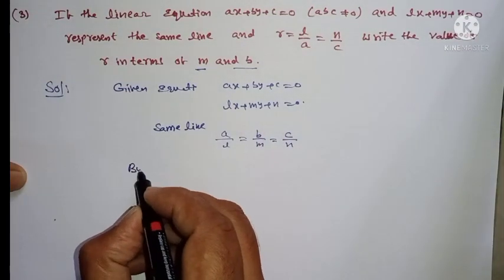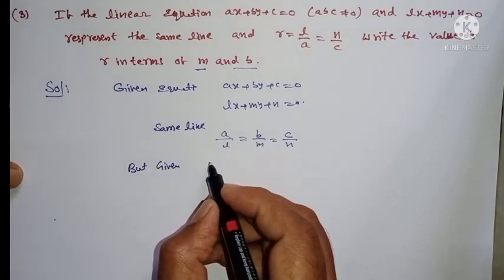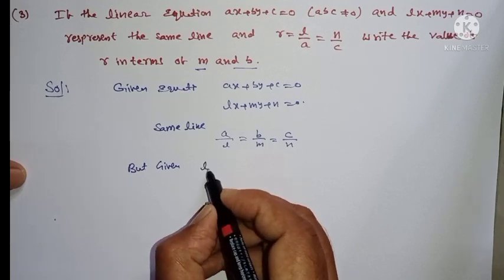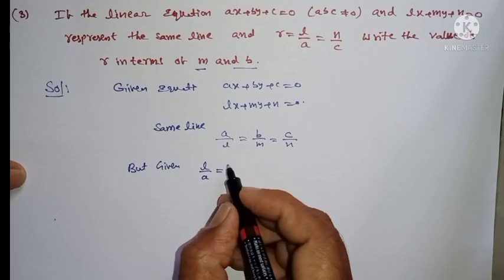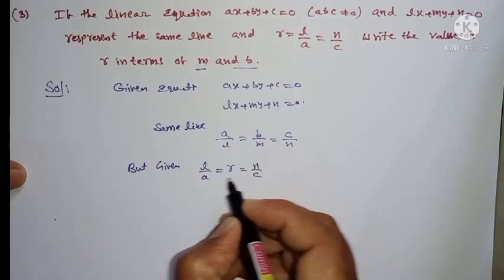But what is given here? L by a is equal to r, or n by c is equal to r.